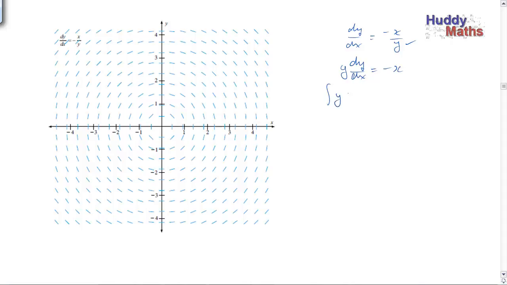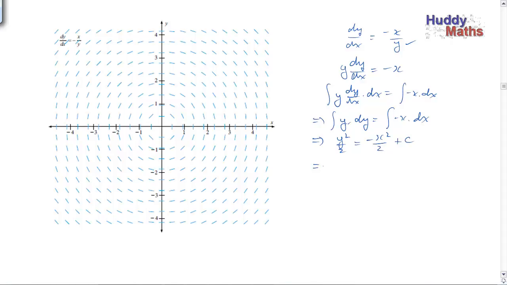So let's integrate it with respect to x. This implies the integral of y with respect to y equals the integral of neg x with respect to x. Now let's integrate both sides. So this is y squared on 2, and we'll put its c over on the other side, neg x squared on 2 plus c.